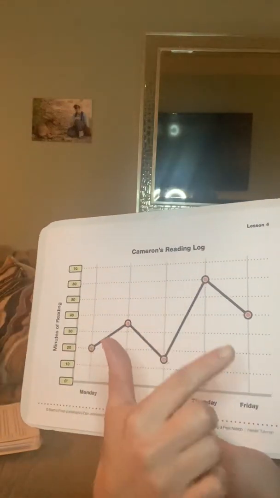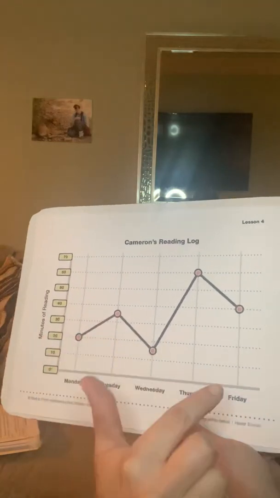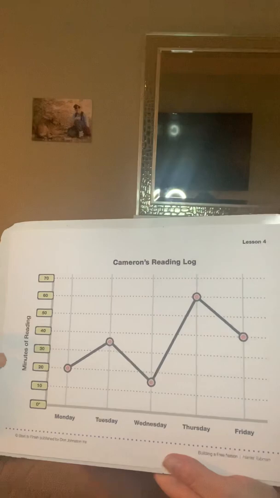Then each day of the week has a point on it to show us how many minutes Cameron read for. And then they attach the points so that we can see if it goes up, down, or stays steady. This shows us the information in a visual way.